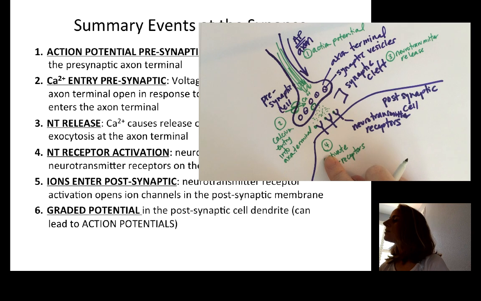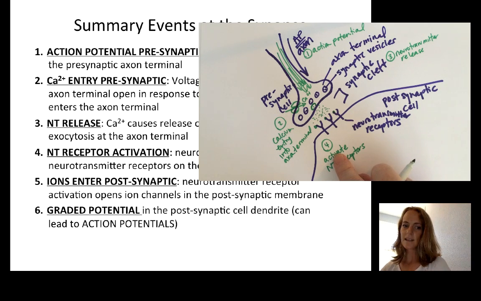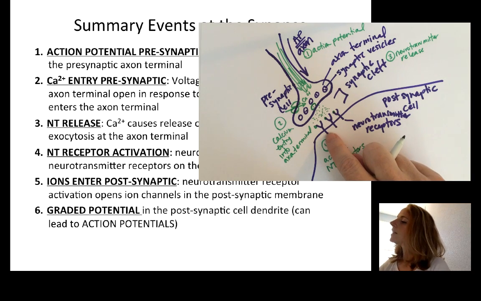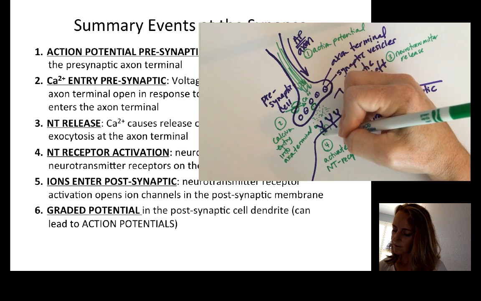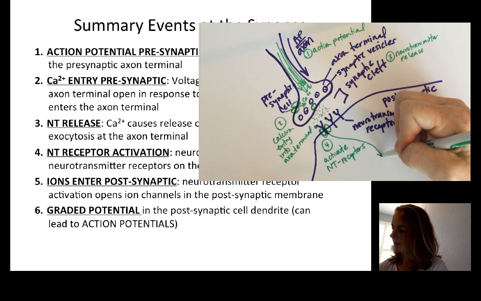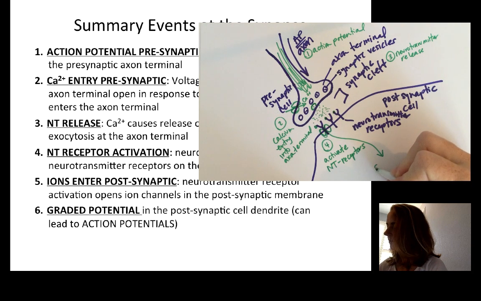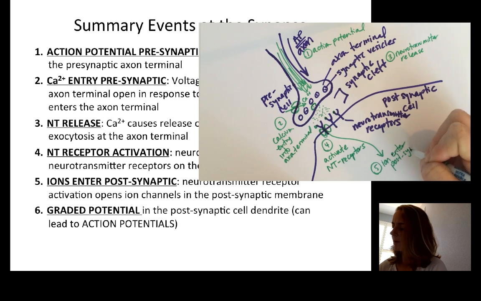The neurotransmitter receptor activation is ligand or chemically gated channels. And it turns out in this example that these ligand chemically gated channels are attached to ion channels, and they are going to then cause step 5, which is ion movement, or ions enter the postsynaptic membrane.